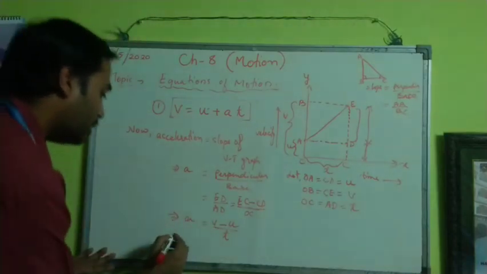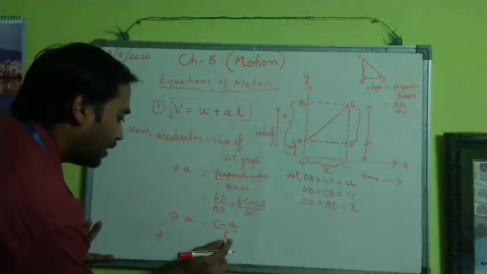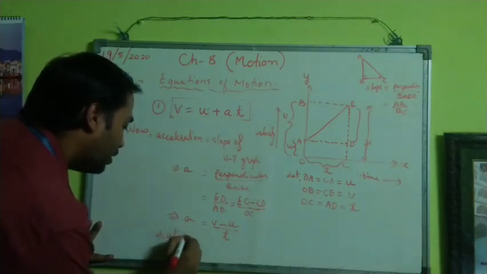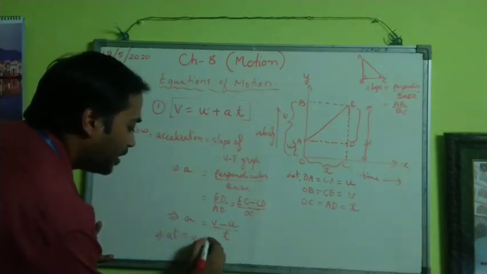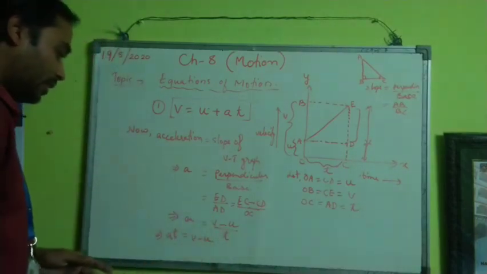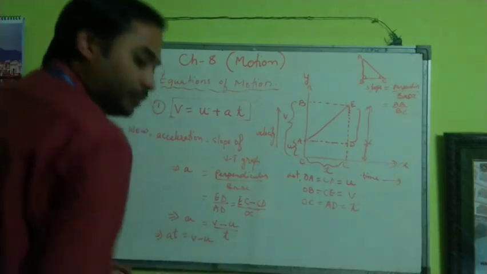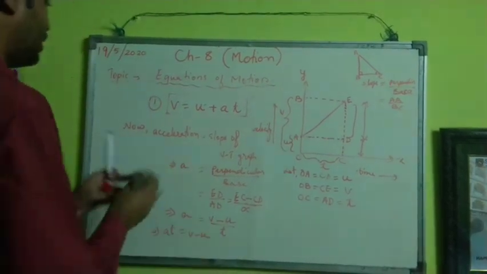Now from here, what can we write? If you take the T to the left hand side, it becomes AT, and on the right hand side we are left with V minus U. Then if you take the U to the left hand side, let me write here.